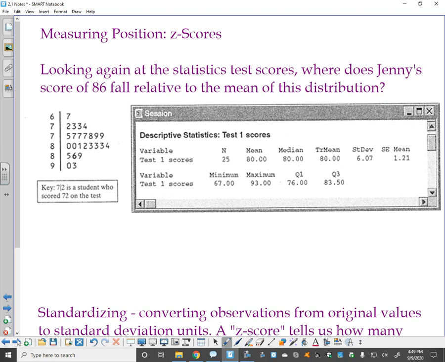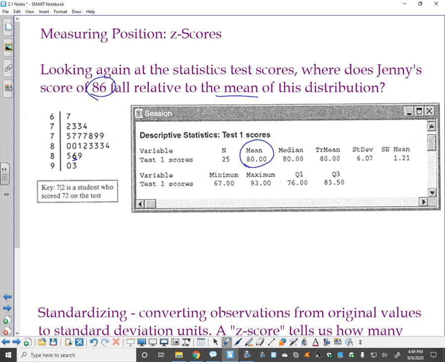Okay, so I know that, what's her name? Jenny. Jenny made an 86. There she is. But I want to know where it is relative to the mean. Okay, well, I can look here and see that the mean of the class was an 80.